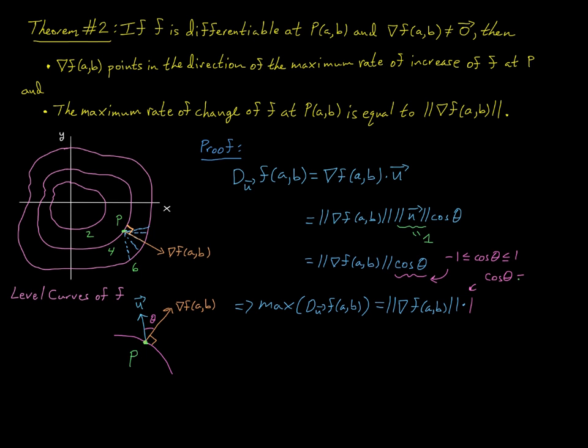Cosine of theta is equal to 1 when theta is equal to 0. And if I choose theta equals 0, that means the direction I'm going to move in is exactly the direction of the gradient. So to finish, the maximum value of this rate of change is, in fact, the magnitude of the gradient, and this occurs when u points in the direction of the gradient.